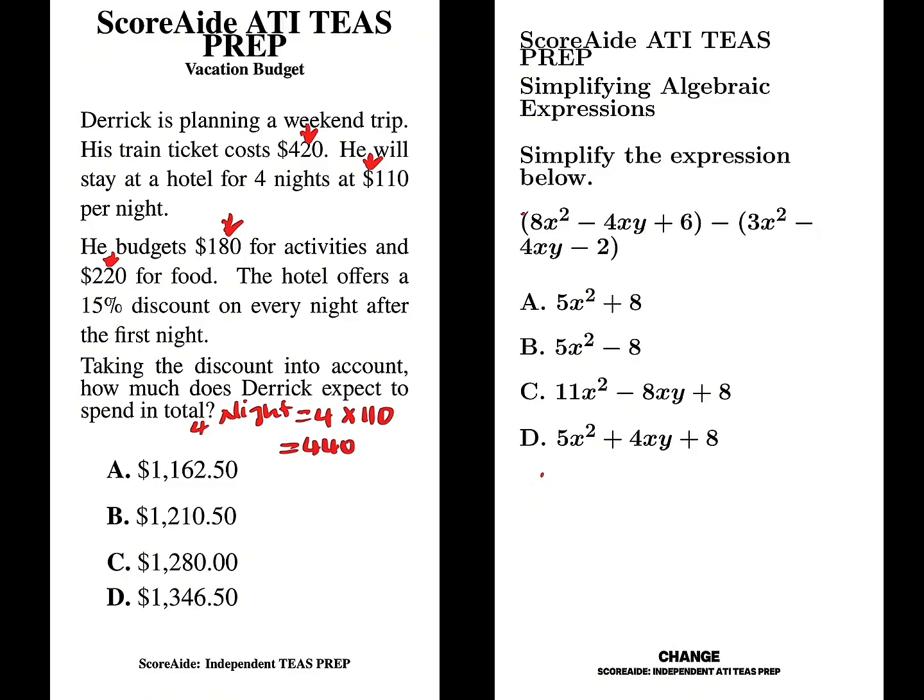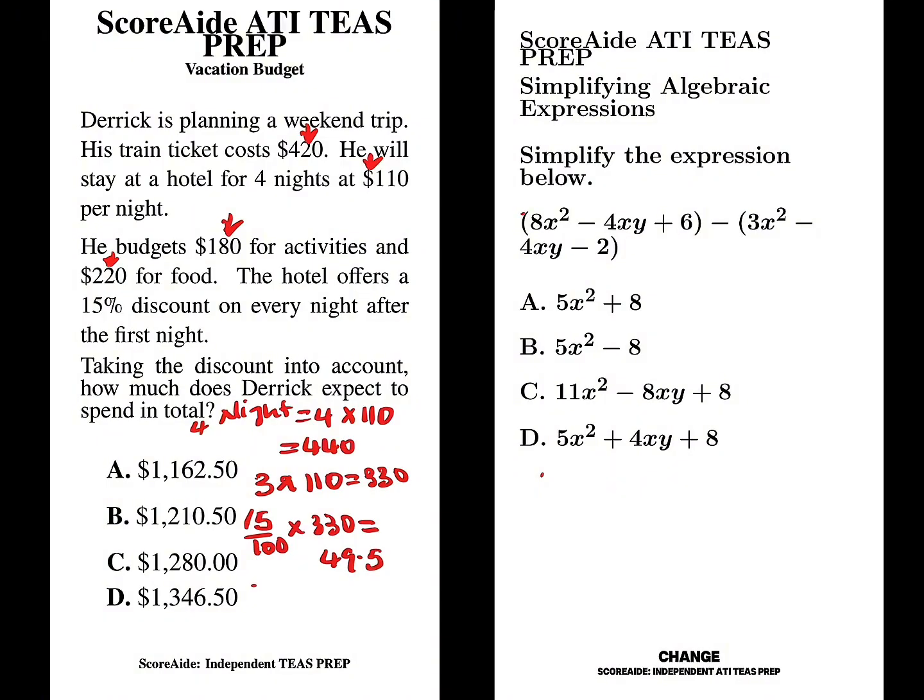But then he's going to get a discount. The first night is not going to get a discount, therefore he's going to get a discount for the 3 other nights, right? So 3 nights is going to be 3 times 110, which is equal to 330. Now the 15% discount is going to be 15 over 100 times 330, which is equal to 49.5, right? $49.5. That's going to be the discount.